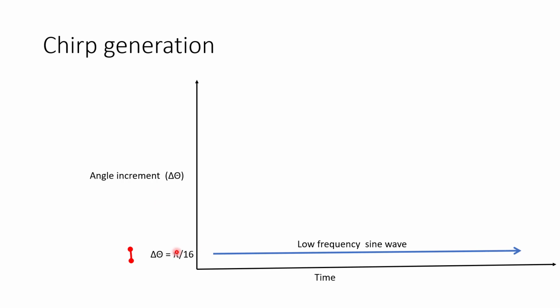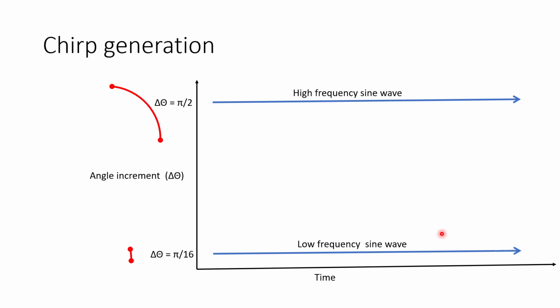And so if we add a fixed pi over 16 angle each increment in time, we're going to generate a constant frequency, a low frequency sine wave. Now, if we want to generate the higher frequency sine wave, as we previously saw, we add a larger angle each time, and we generate a higher frequency sine wave.